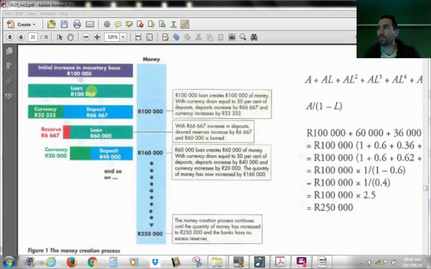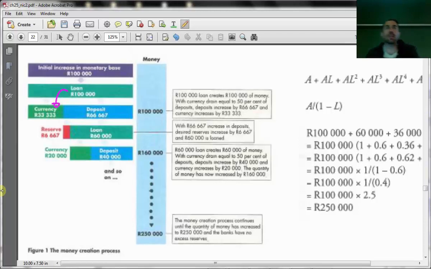You with me? So what we're saying here is, if the bank loans out 100,000, some of that 100,000 gets held as actual currency, as cash. People don't deposit it. Some of that 100,000 gets redeposited.